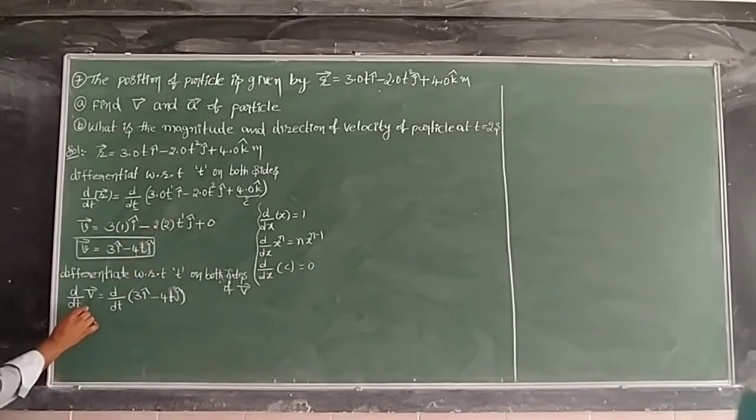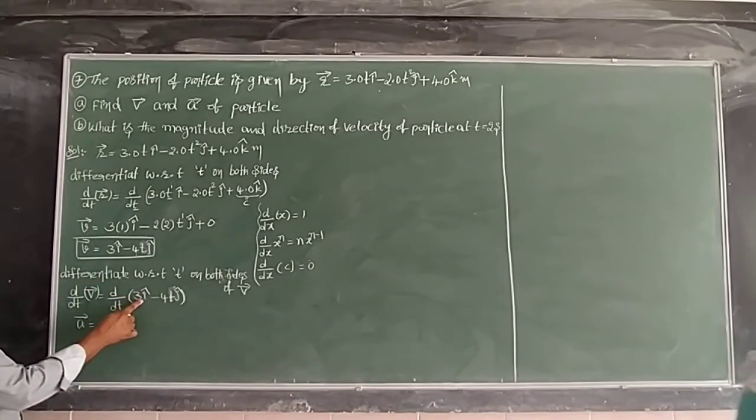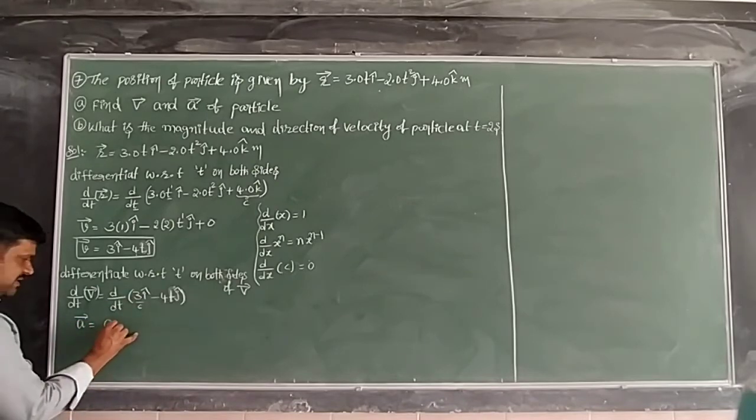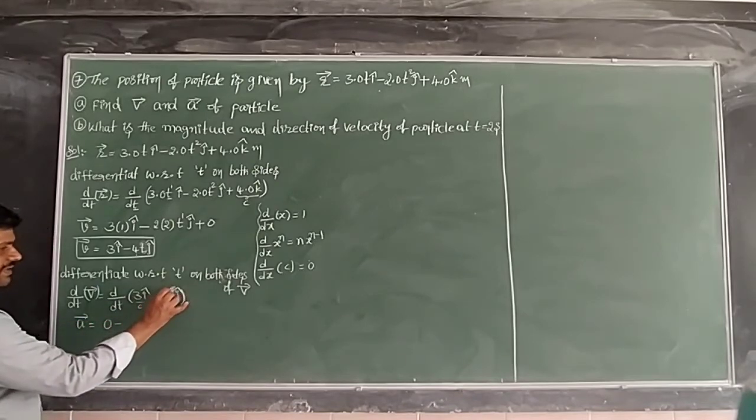Next, d by dt of v means acceleration a bar will come. In this term, is there any t? There is no t, so that is nothing but a constant. d by dt of constant is nothing but 0, minus d by dt of 4 t power 1.